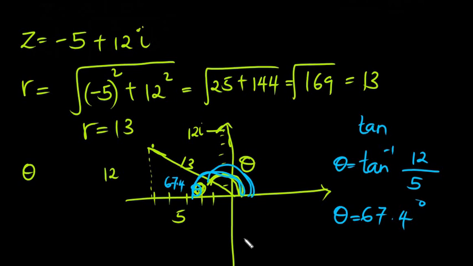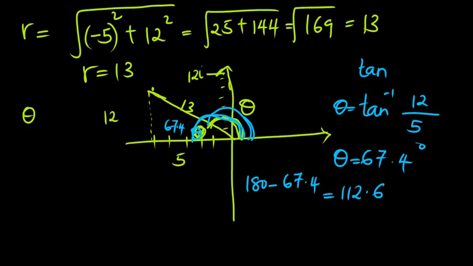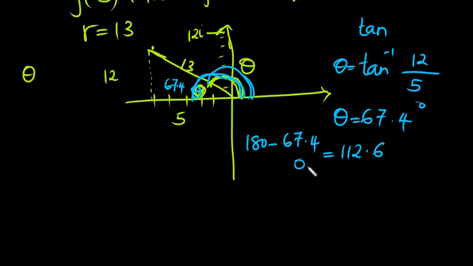So as I said, we need to subtract 67.4 from 180. So 180 minus 67.4 degrees is going to be 112.6 degrees. So we have now the value of theta. This is the one that we are interested in.